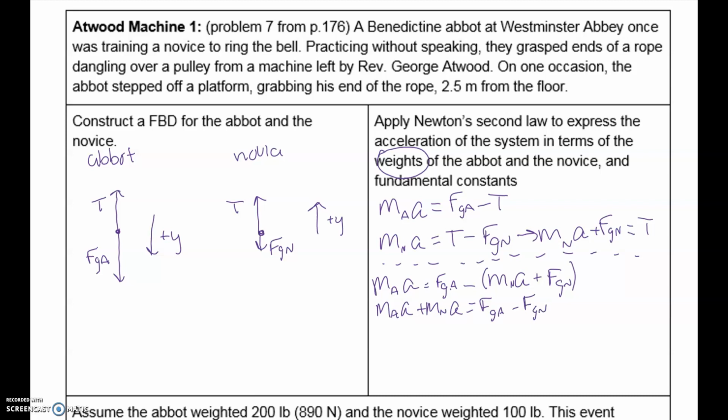And isolating acceleration, well actually let's take a moment here. Let's isolate acceleration. All right, so we factor out acceleration from both sides here, and we have mass of the Abbot plus mass of the Novice, times acceleration, is equal to force gravity of the Abbot minus force gravity of the Novice.